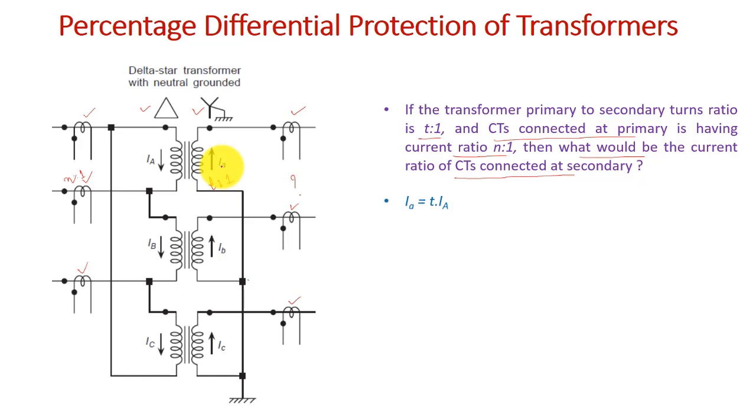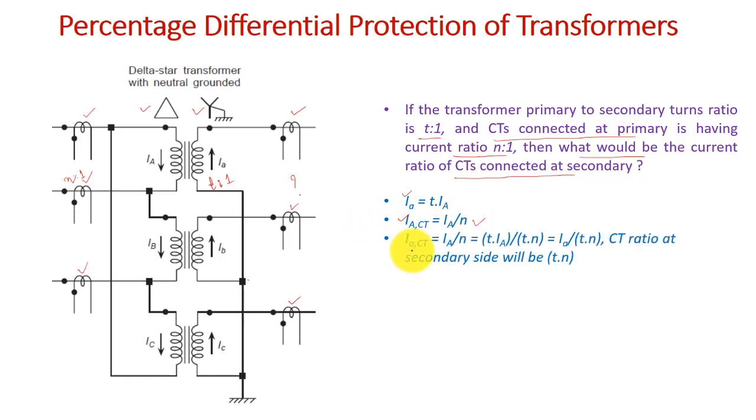You can find this using a simple formulation. If your transformer ratio is T is to 1, your secondary current, small a, is equal to T times I capital A. Hence the primary side CT secondary current will be equal to IA by N, because of the turns ratio in the CT.